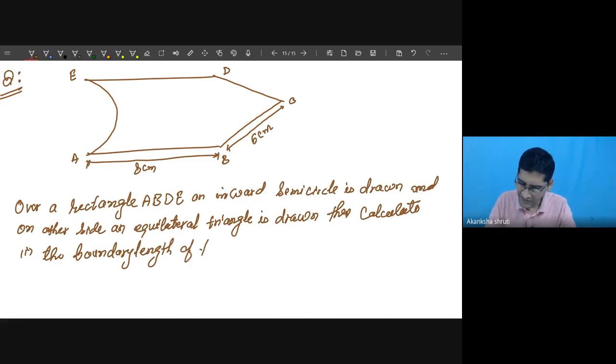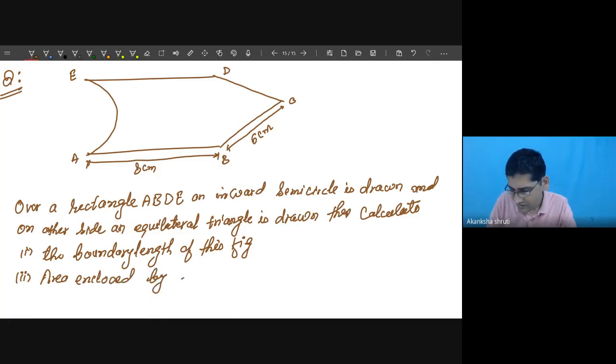Then second, area enclosed by this figure.